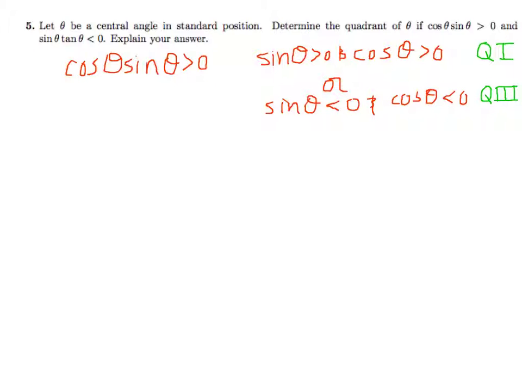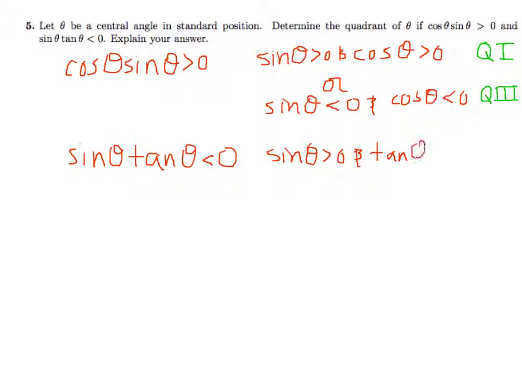The second condition says that sine theta times tangent theta must also be less than 0. So sine theta times tangent theta is less than 0. That means either sine theta is greater than 0 and tangent theta is less than 0, or sine theta is less than 0 and tangent theta is greater than 0.